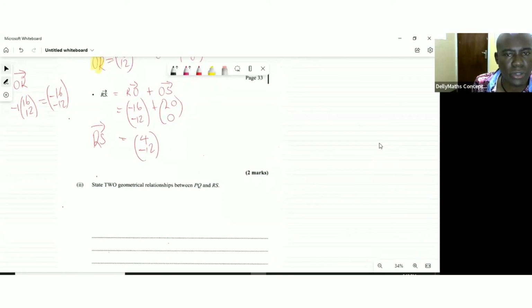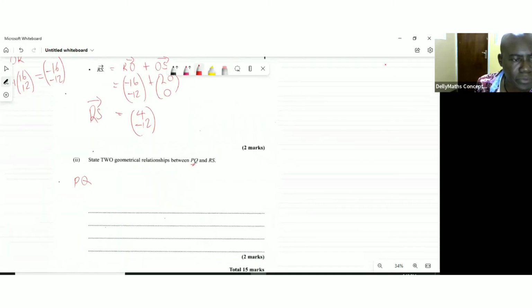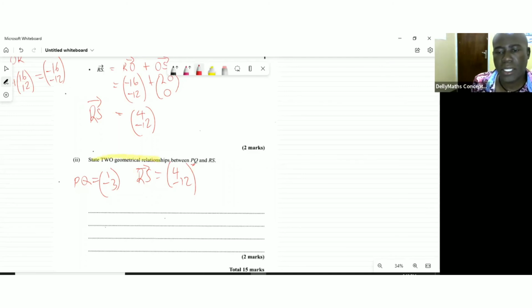Now, they want us to state two geometrical relationships between PQ and RS. Let's go back for PQ. PQ is (1, -3). RS, we just found to be (4, -12). Whenever a relationship is asked, quickly check to see if one vector is a multiple of another vector.